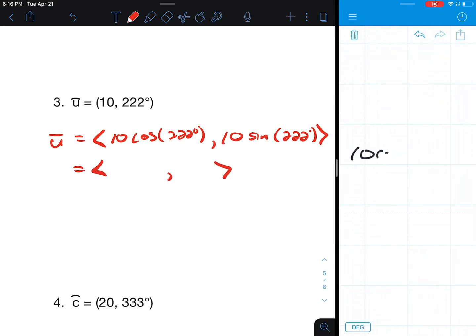Using our calculator, 10 times cosine of 222 degrees, that's negative 7.43. 10 times sine of 222 degrees, well, that is negative 6.69. Does that make sense? It sure does. Quadrant 3, we are going left and down, so those would both be negative.